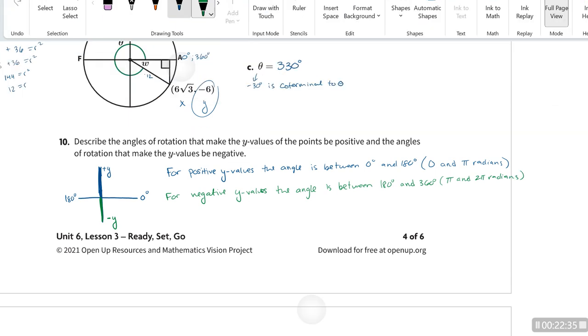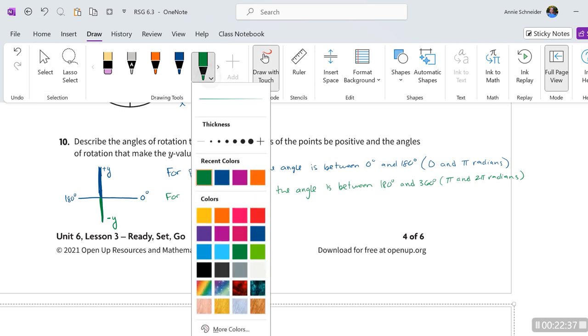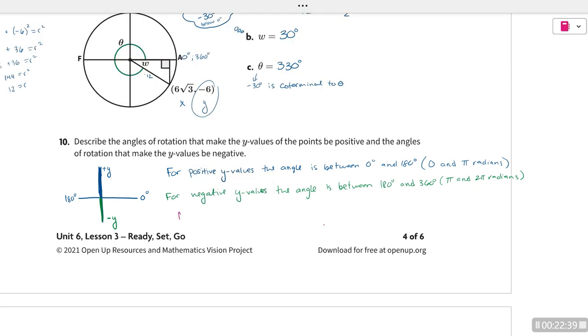So I should do a little note on this. Note, at 0 degrees, 180 degrees, and 360 degrees, or 0, pi, and 2 pi radians, y is 0.